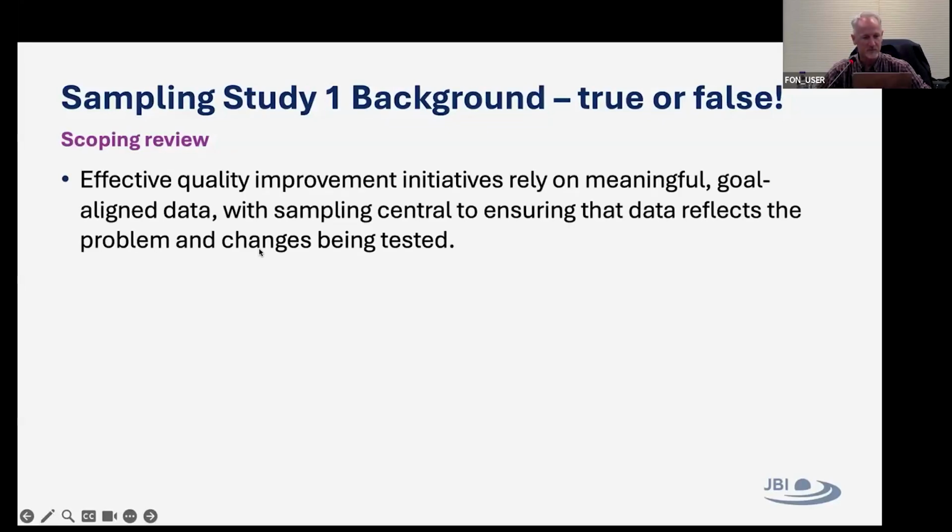True or false? Effective quality improvement initiatives rely on meaningful, goal-aligned data with sampling central to ensuring that data reflects problems and changes. Is this true? Who agrees? If you're in the room and you agree with this statement, be bold and put your hand up.